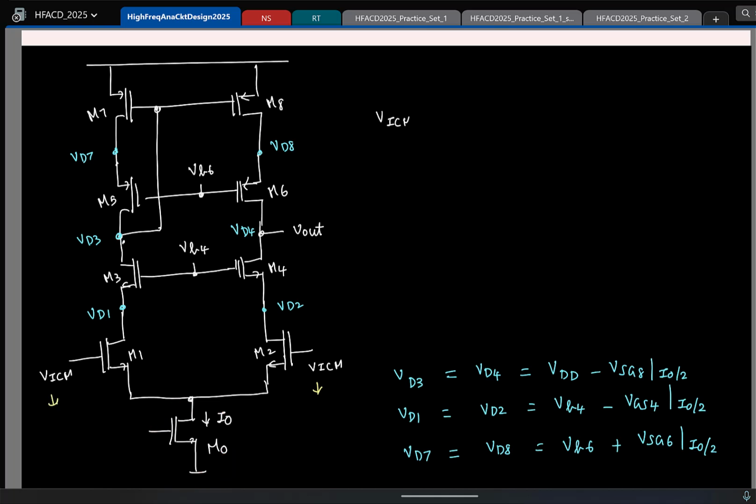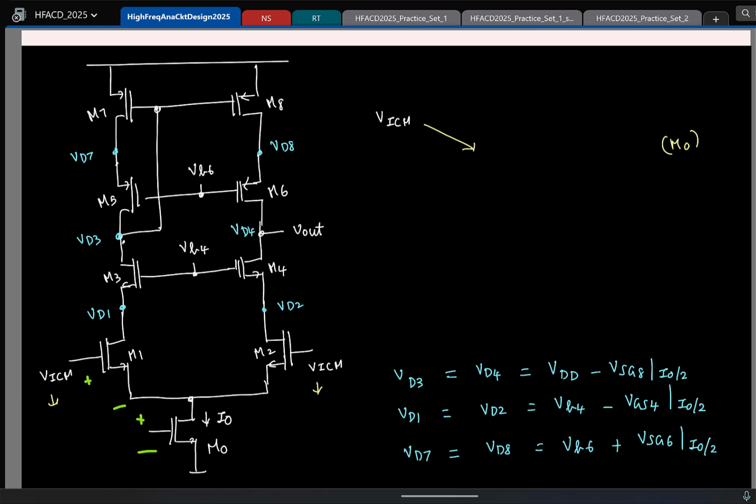So what is the lower end? I'll write it directly. So this is limited by M0. What is the minimum you can go then? Yeah, good. Again, you can directly write it. We know VICM is sum of these two voltages. This voltage is VGS of M1 plus VDS of M0. I know VGS is fixed because the currents are constant. So the lowest it can go will depend on how low VDS of M0 can go.